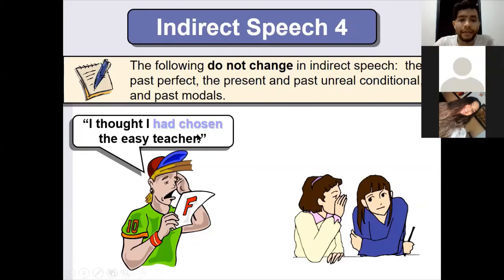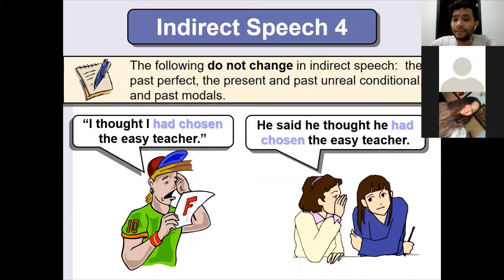Another example. I thought I had chosen the easy teacher. This is past perfect. So how do you think is the reported speech? He said he thought he had chosen the easy teacher. Perfect, miss.